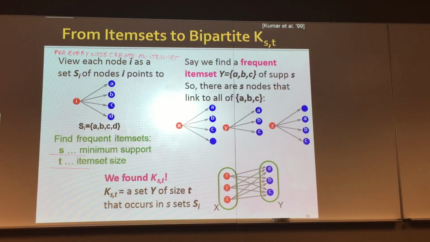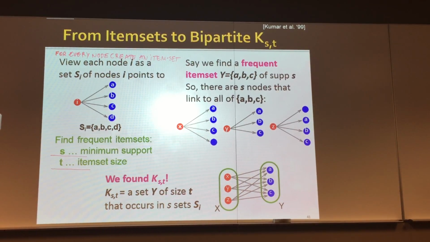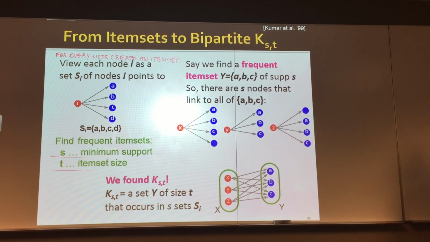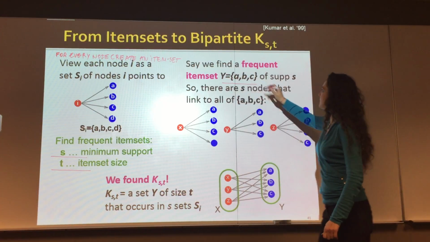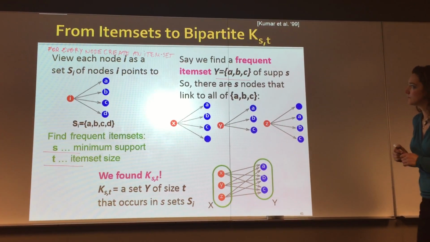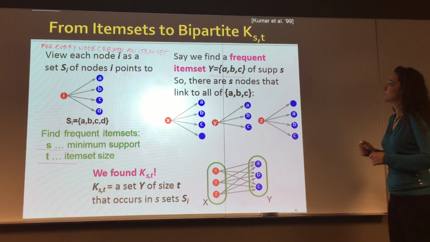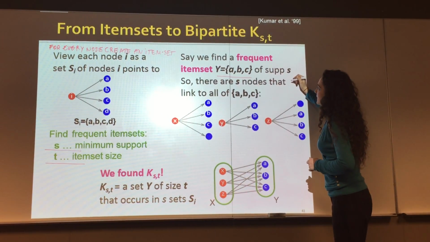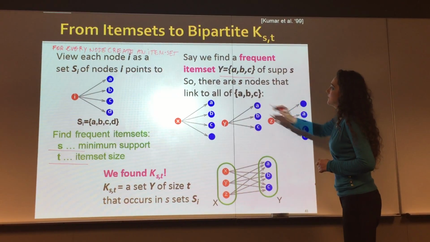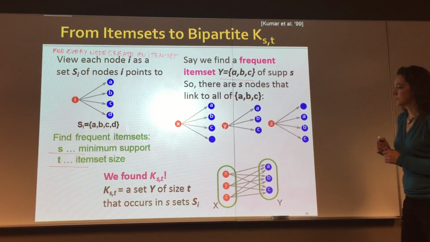So if we find, for example, a frequent item set that is equal to ABC with support S, this means there are S nodes that link to this ABC.